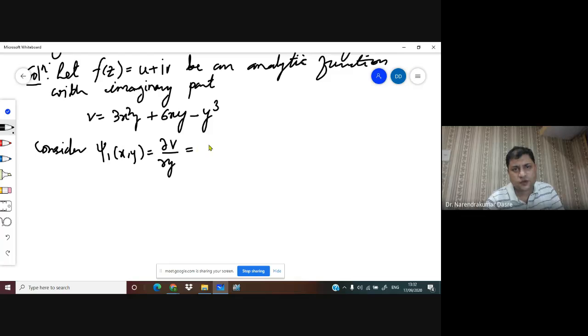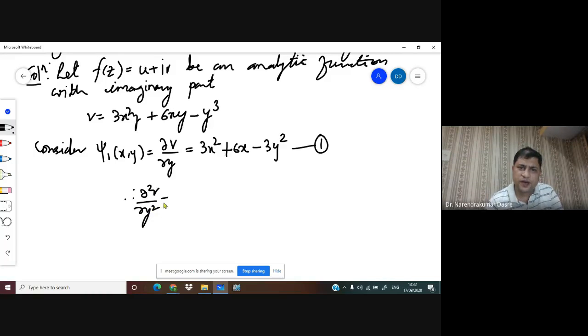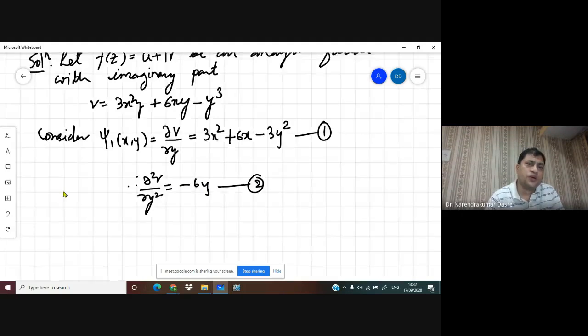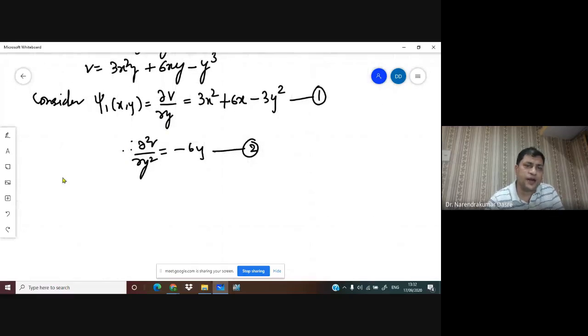With respect to y, we have 3x square plus 6x minus 3y square. That is equation 1. Then dabba square v by dabba y square is going to be 0 minus 6y. That is equation 2.